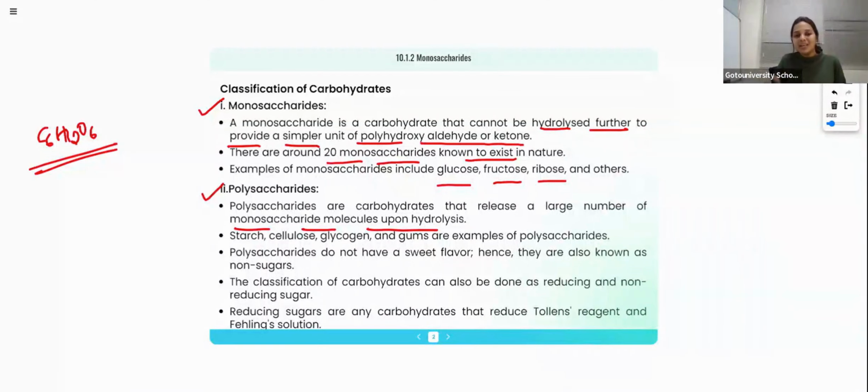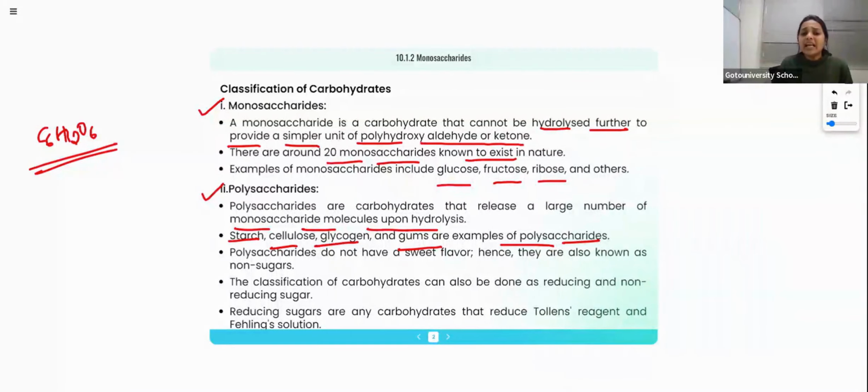That is called poly. Poly means many. Polysaccharides contain many monomers, many monosaccharides. Got it? Starch, cellulose, glycogen, and gums are examples of polysaccharides. Monosaccharides, the best examples are glucose, fructose, ribose, like that. Polysaccharides are starch, cellulose, glycogen.